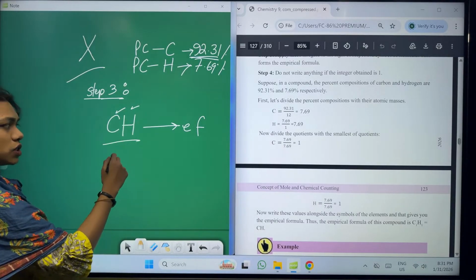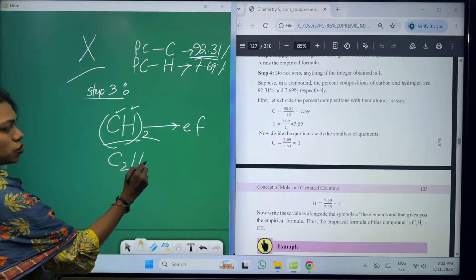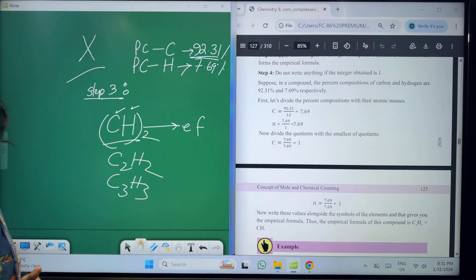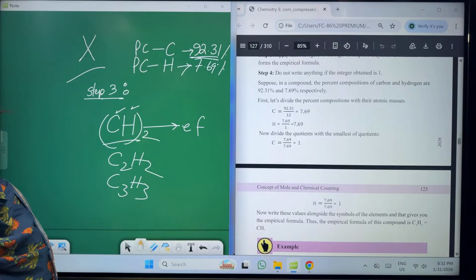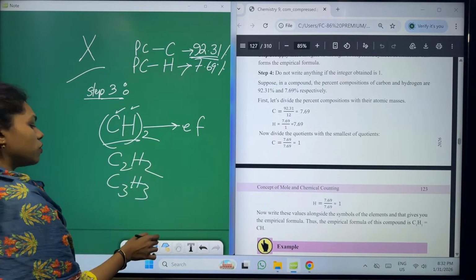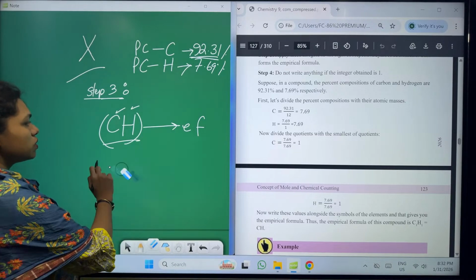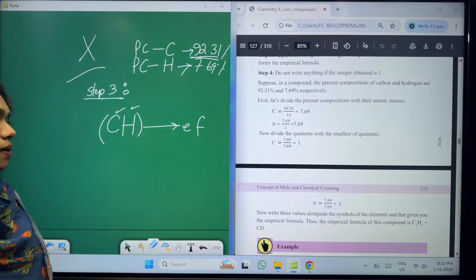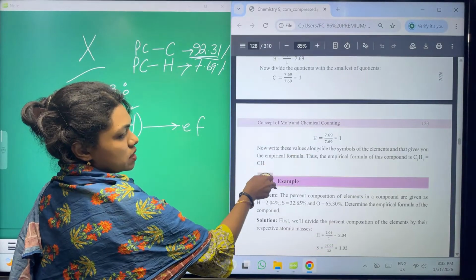If you multiply by 2, C2H2, or by 3, C3H3, the ratio will always be the same. But this empirical formula represents the simplest ratio at which carbon and hydrogen will bind. So CH, or C1H1, is my empirical formula.